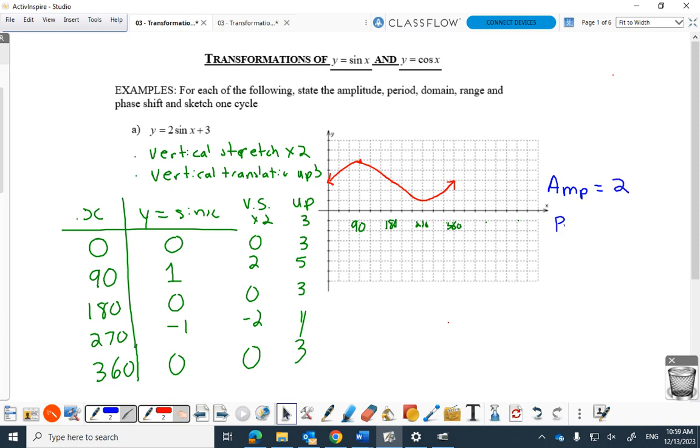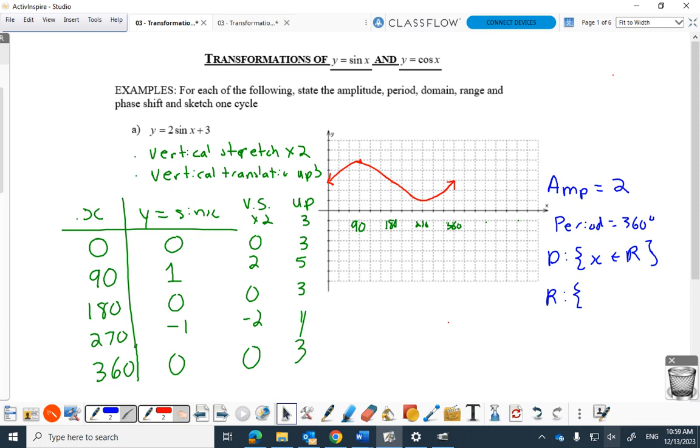You look at your graph and you go, oh, it's 360. Domain. X element of reals. Range. Well, this is the hard part. What's the range? Well, if you got the graph, it's no problem. If you don't have the graph, good luck.